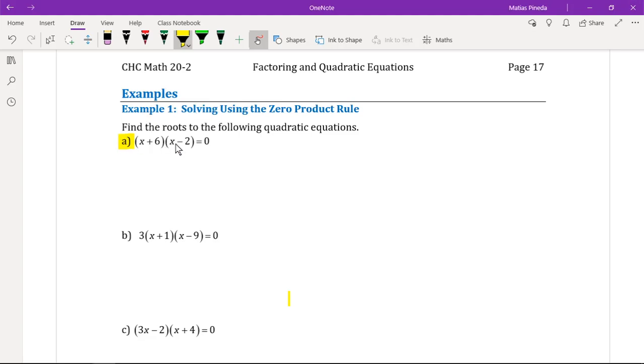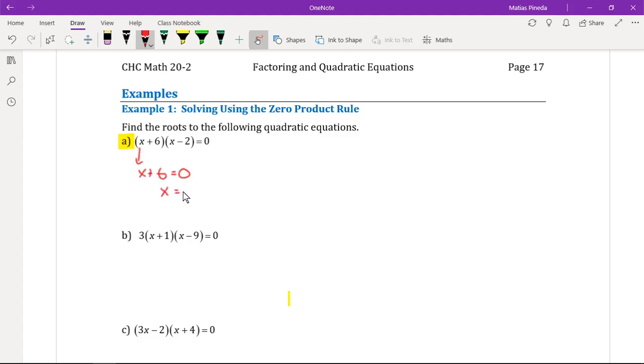In Example 1, they're asking us to solve using the zero product rule. In A, we're multiplying two binomials. So we pull out the first binomial, x plus 6, and set it to 0. Solve it for x, which means we subtract 6 from both sides.